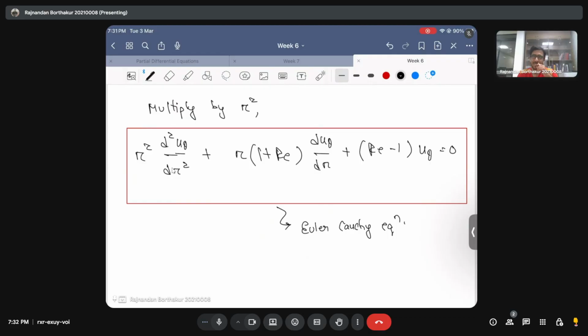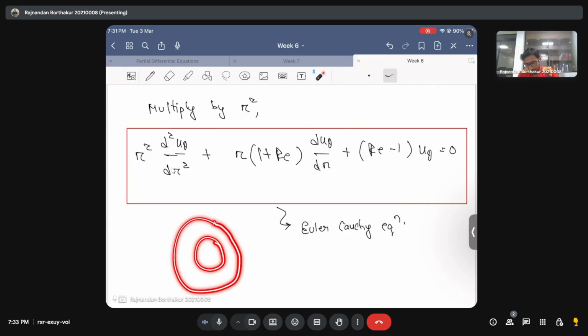Hmm, no, I think in the time periodic pressure driven flow we got the modified Bessel's equation. I don't recall exactly where, but somewhere we got this form of the Euler-Cauchy equation when we were solving this problem.